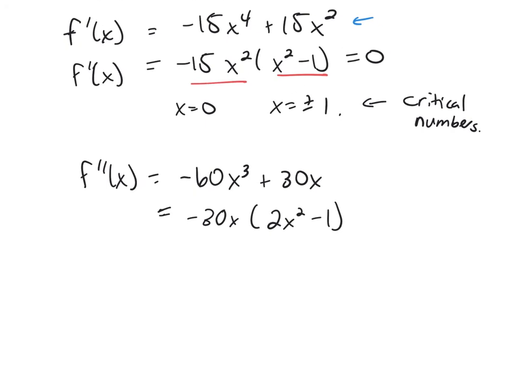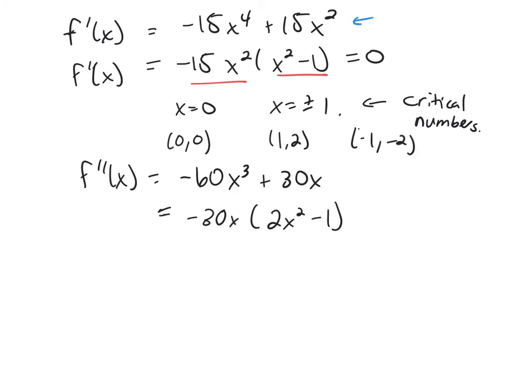So now we're going to take each one of our x values, plug it into our original function. So if we plug in 0 into our original function, you get 0. If you plug in 1, you'll get 2. And negative 1, you'll get negative 2.